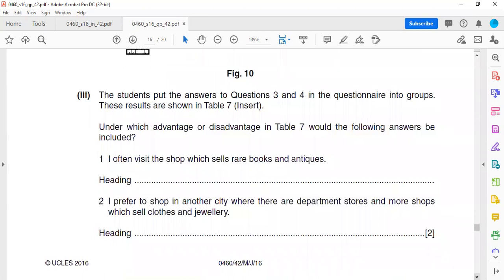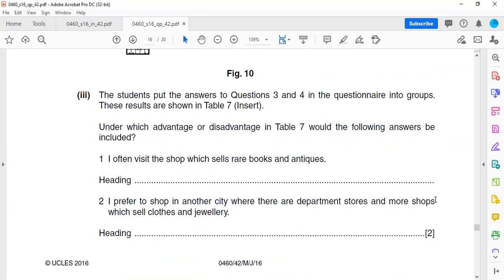So the student put the answer to question 3 into the groups. So they put the answers. Under which advantages would the following answer be included? I often visit a shop which sells rare books and antiques. As in, where will you put this?